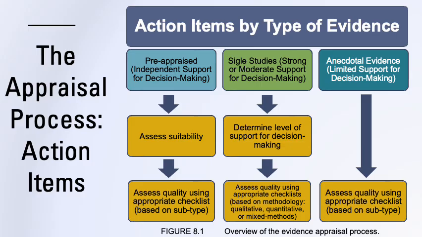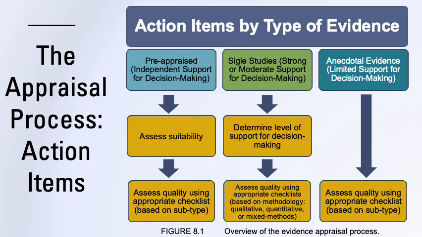Therefore, we're going to first assess pre-appraised evidence for suitability. Is it recent enough and similar enough to our evidence-based practice question to be used independently to guide practice change? If the answer to that question is yes, then we will assess the quality using the checklist from Appendix E1.